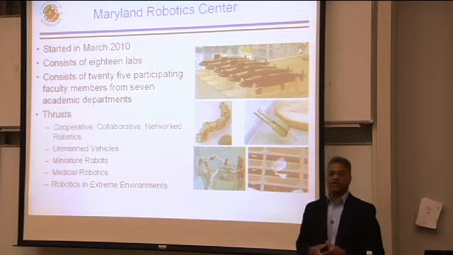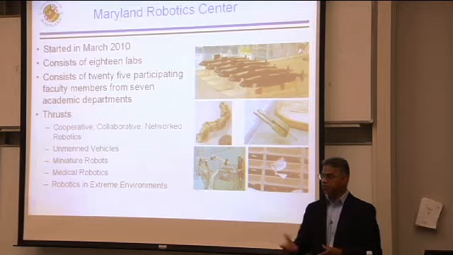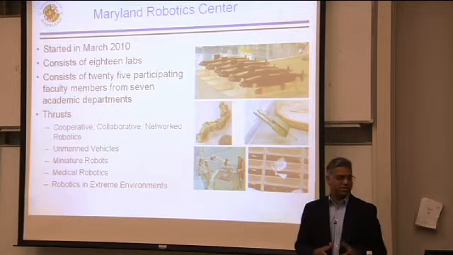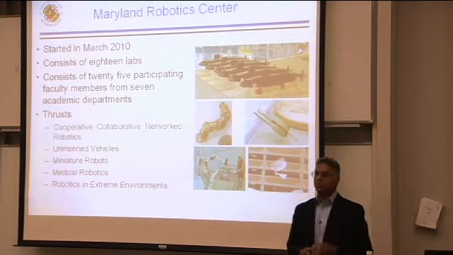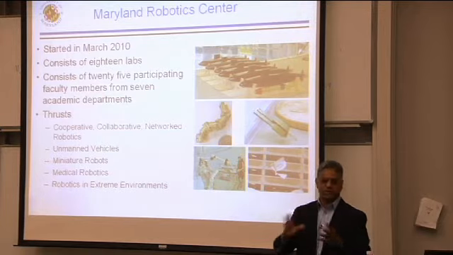There we are looking into all kinds of surgical robotics applications, as well as drug delivery and therapeutic rehabilitation applications. And the final one is robotics in extreme environments, where we are looking into space robotics and deep underwater robotics applications. So that gives you coverage of the center.